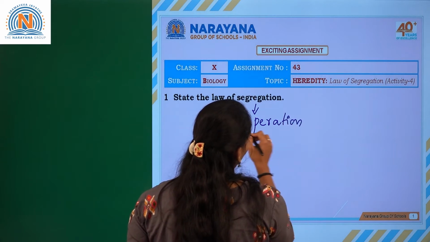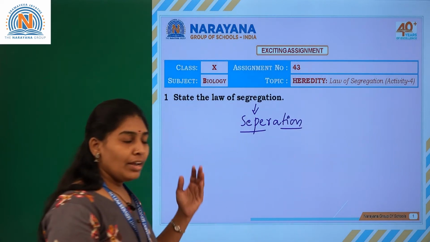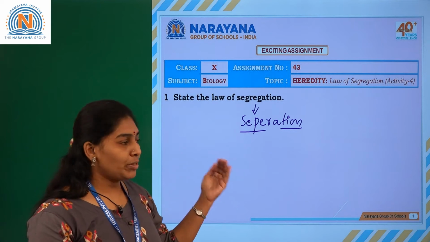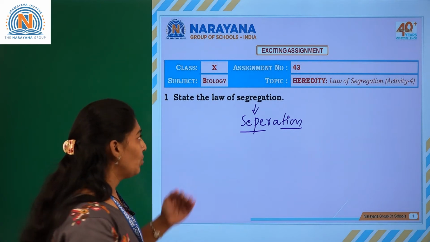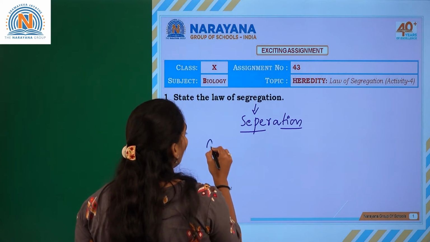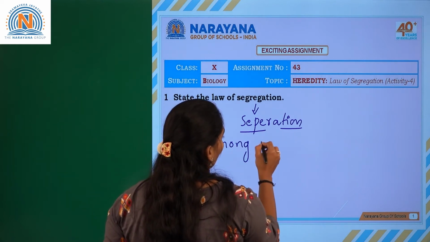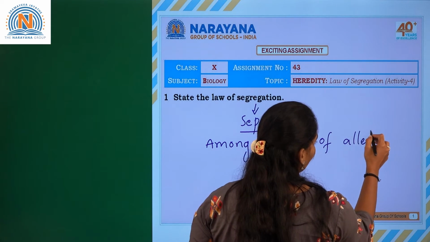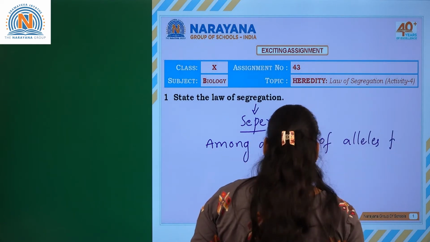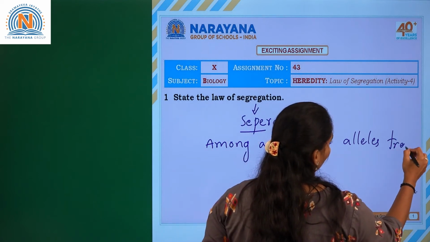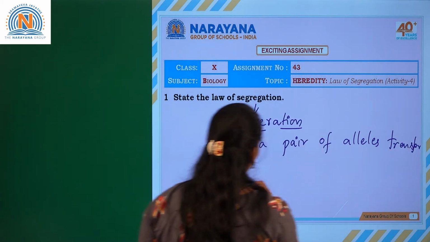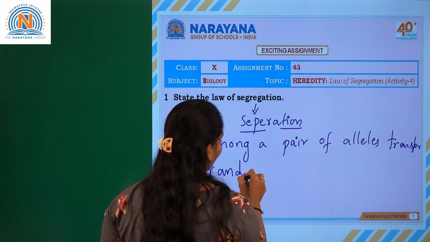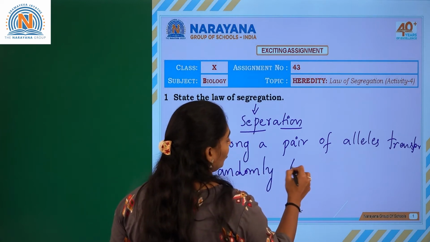In the previous assignment, we discussed the separation of alleles for a particular character that is expressed in the offspring. So the law of segregation is: among a pair of alleles, one is transferred randomly to the offspring.